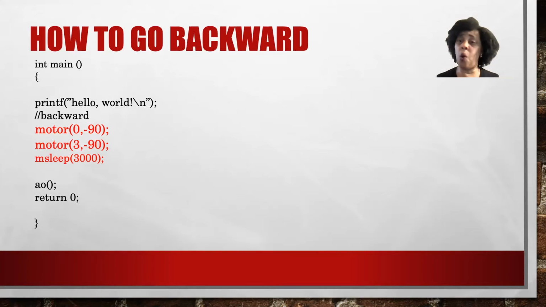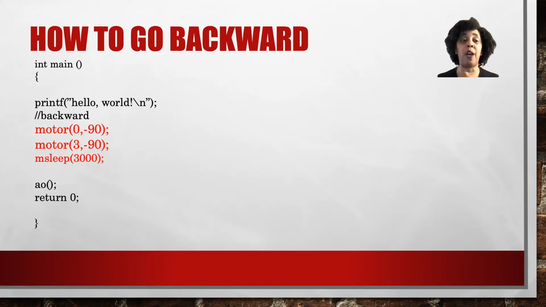Now, this time, the only thing that's different in order to make it run backwards is I set the power as a negative number. Once the power is set at a negative number, then the wheels will go in the reverse power. So when they're going forward, the power is positive. When they're going backwards, the power number is negative.